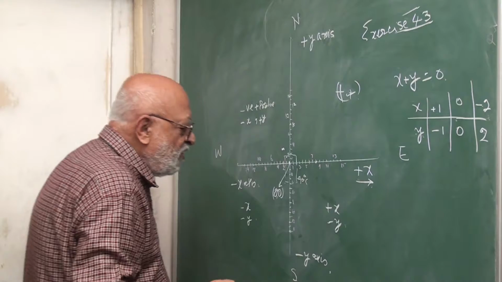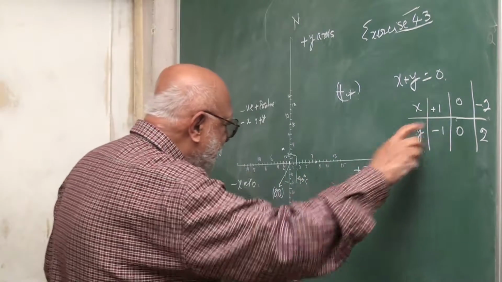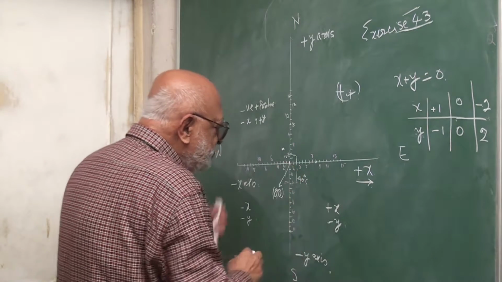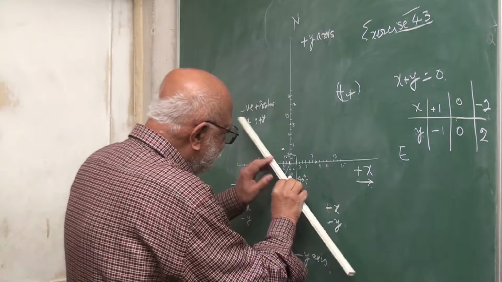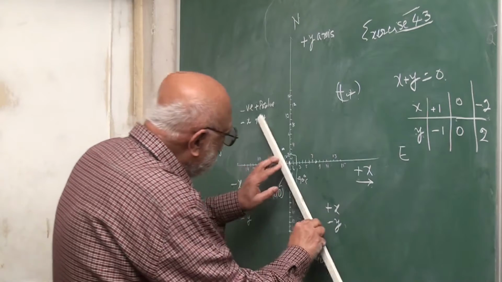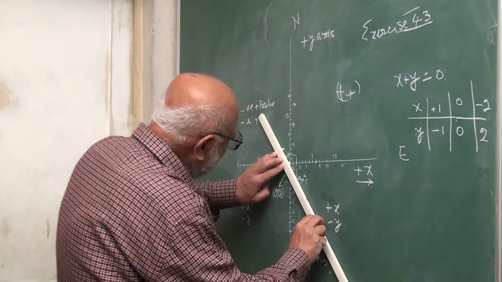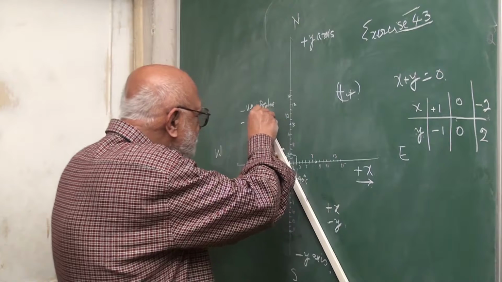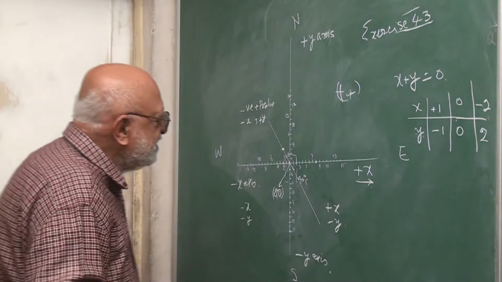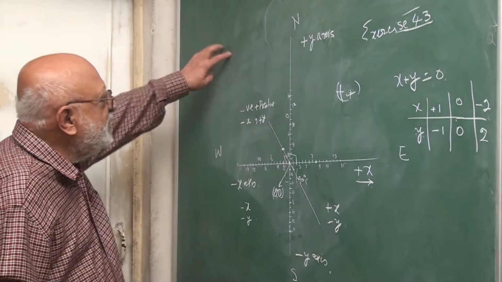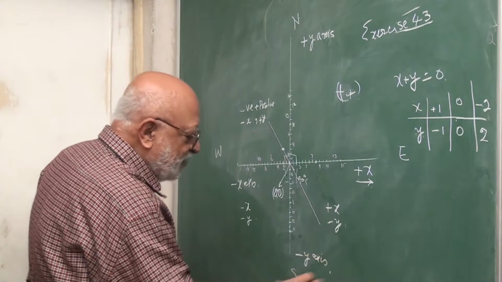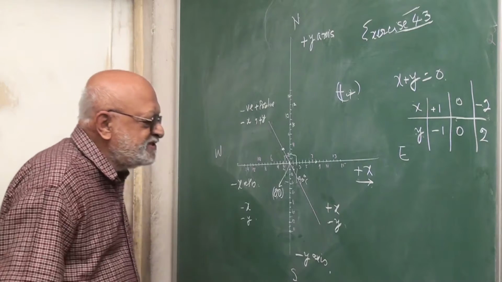Here we have x positive and y negative, so there is a point here. So this graph will be like this. It will go through like this. Is it okay with you? That means this will go northwest and this will go to southeast. So this will be a graph of this kind.